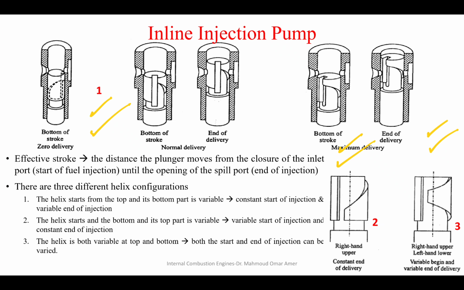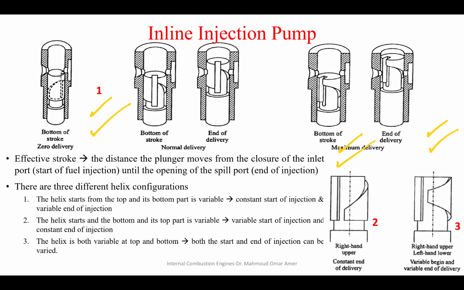Okay? So the first plunger always begins the injection at the same time, but according to its rotation, it will end the injection at different times. So with the first plunger, you control the end of injection time.